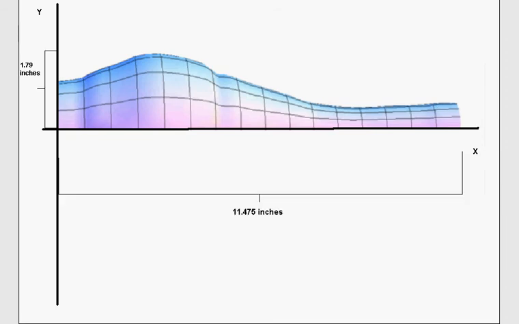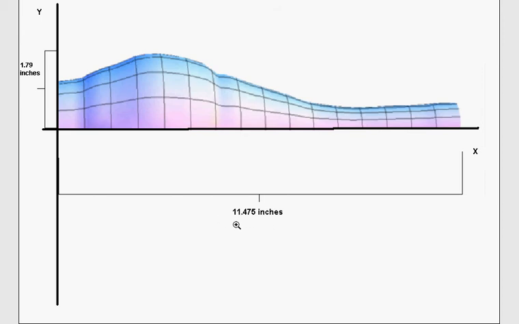In taking the measurements, my highest point was roughly 1.79 inches. Remember, when I initially took the measurement, it was the full bottle, so it was just over 3.5 inches in width at this point, but I only need half of that for calculation purposes.